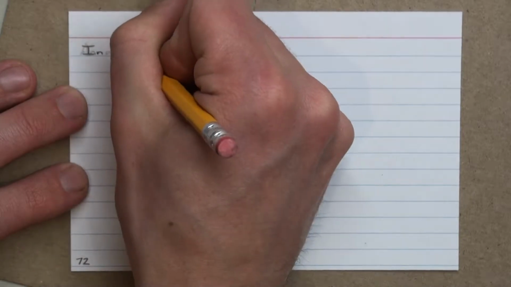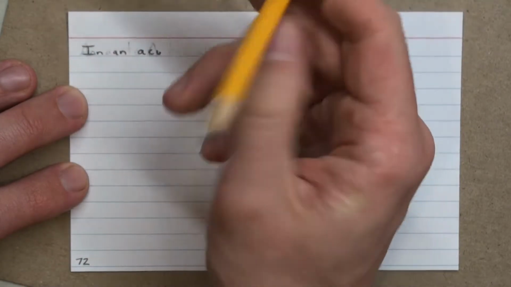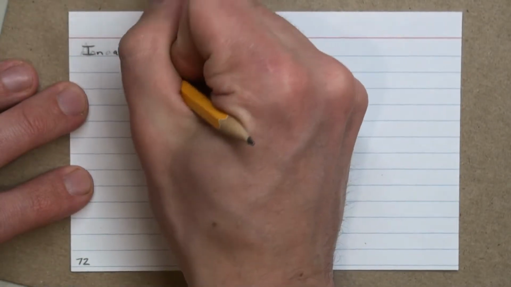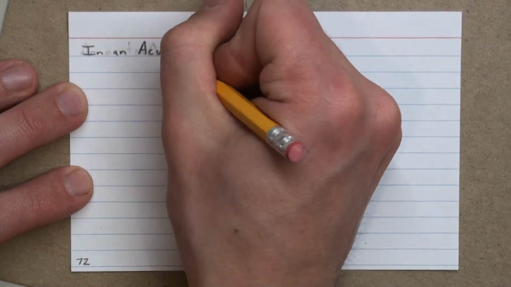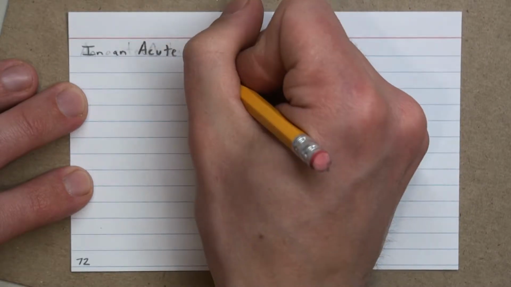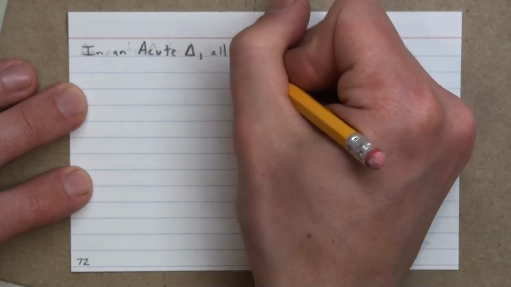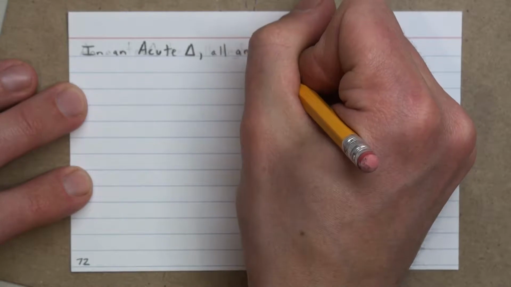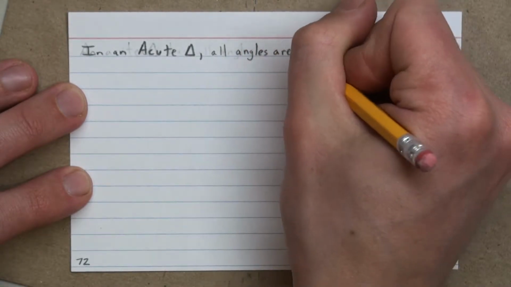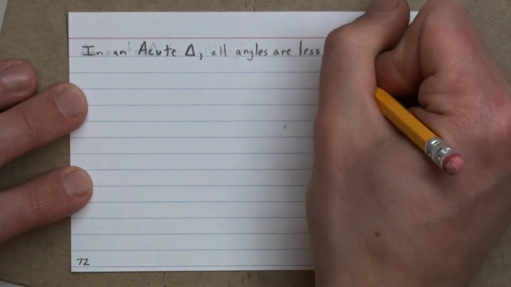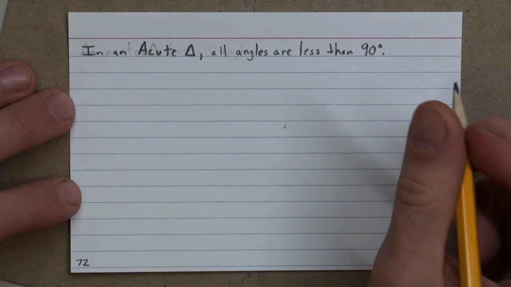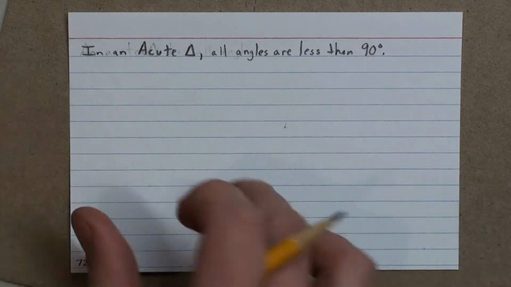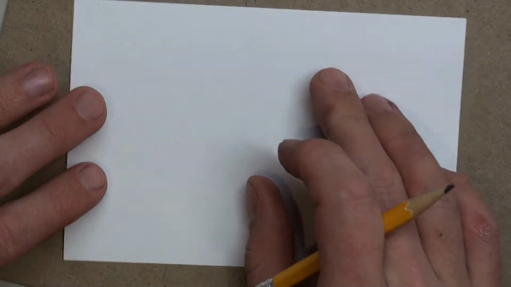In an, we should capitalize acute, in an acute triangle, all angles are less than 90 degrees. Okay, so let's do a picture of this.